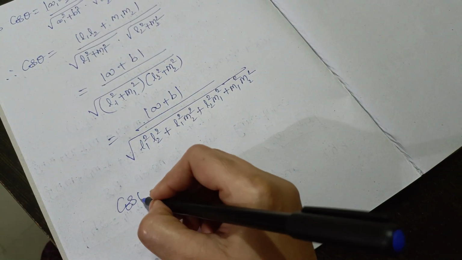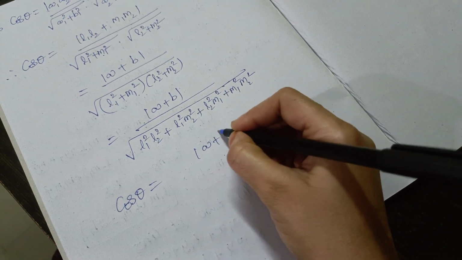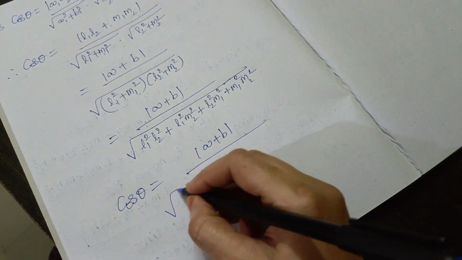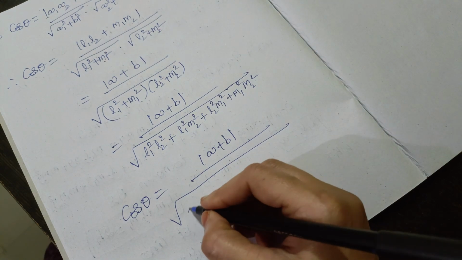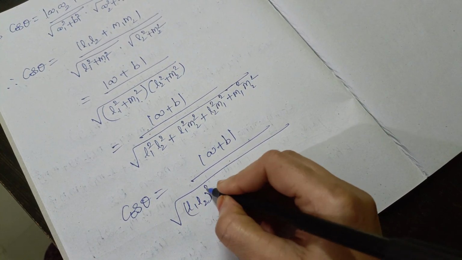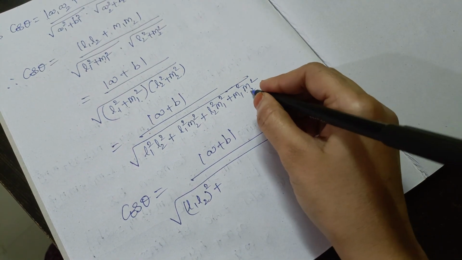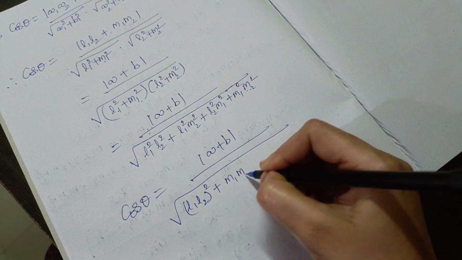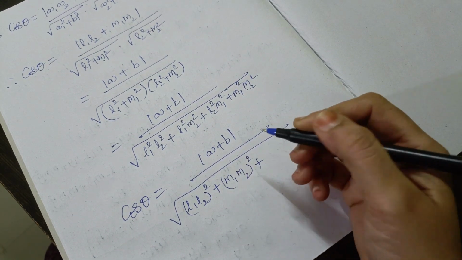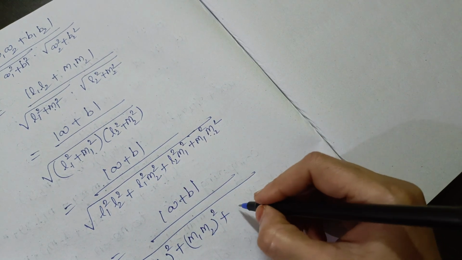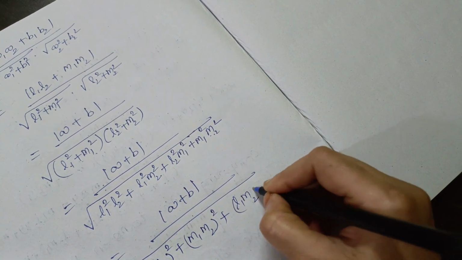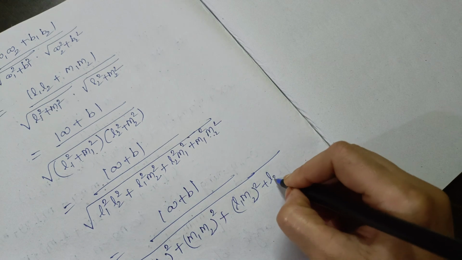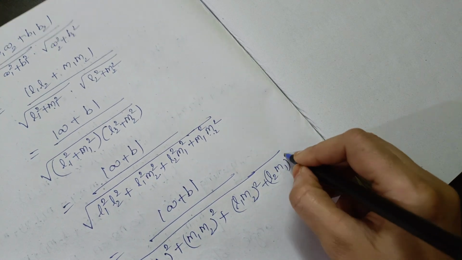So cos theta is equal to mod a plus b by under root. Now this can be written as (L1 L2) whole square, and the last part, (M1 M2) whole square, and the two terms left over, that is (L1 M2) whole square plus (L2 M1) whole square.